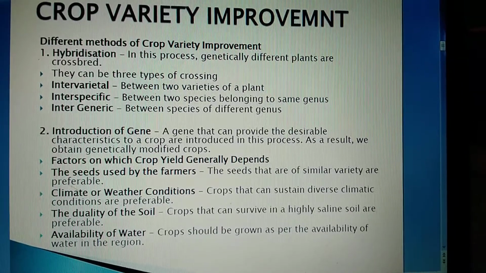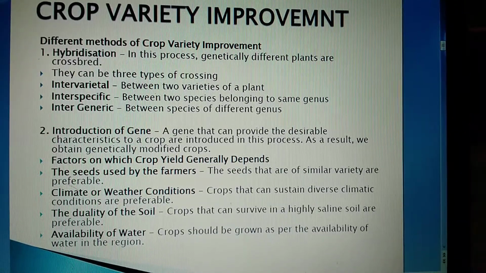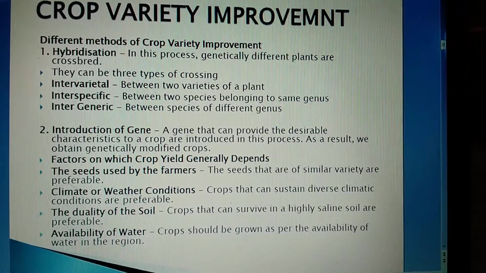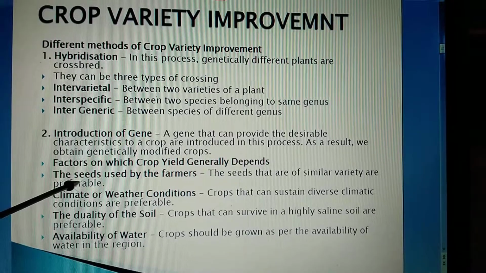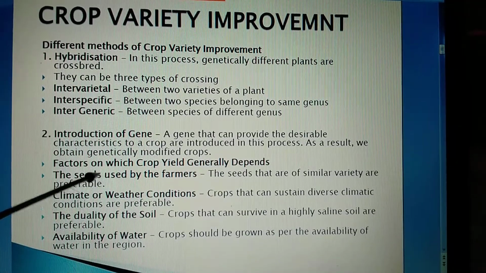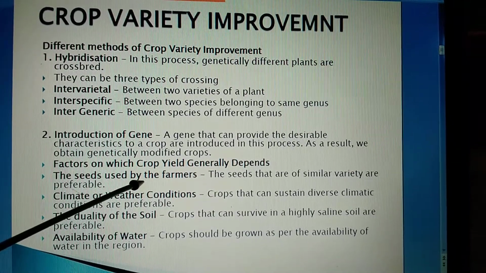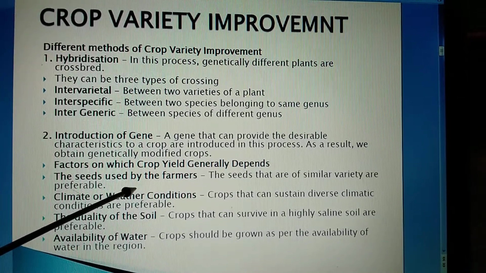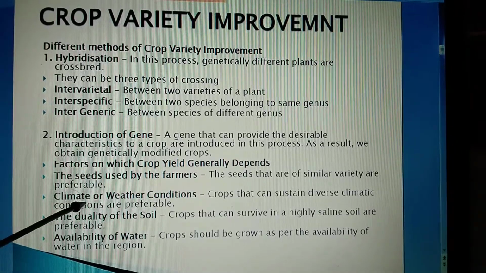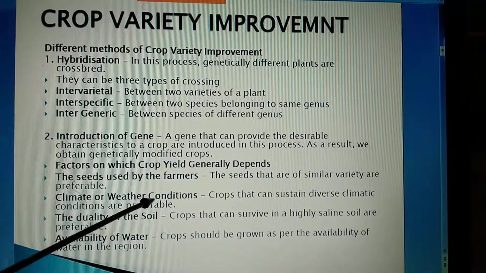But there are certain factors on which the crop yield depends. The first one is the seed. What seeds are used by the farmers for the improvement in the variety of crop? Second is climate or weather conditions.